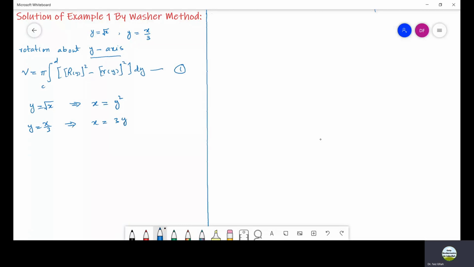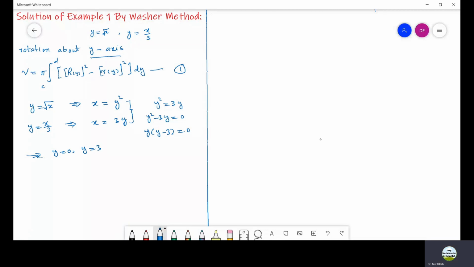Now we need the points of intersection of these two curves, so we equate them: y squared equal to 3y. From this we have y squared minus 3y equal to 0, and then y(y minus 3) equal to 0. So we have two points: y equal to 0 and y equal to 3.